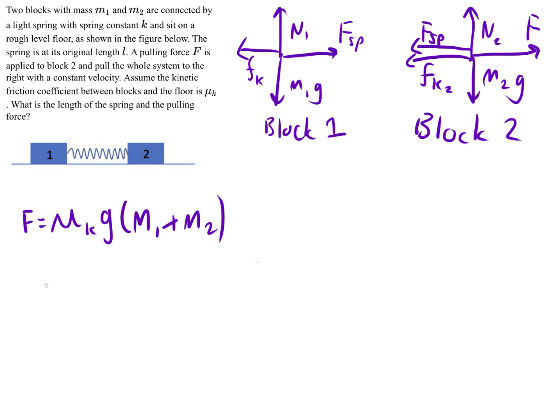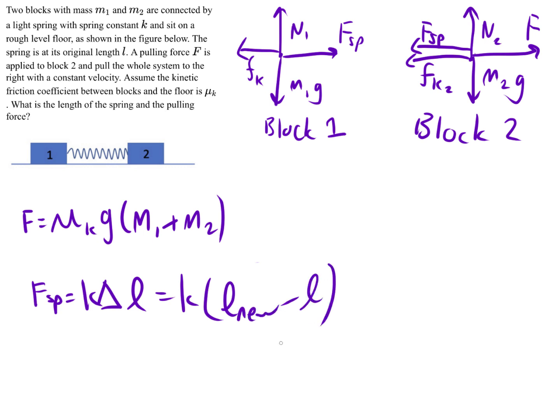So from that, in our case, the spring force is equal to the spring constant times the change in length of the spring, which is simply the spring constant times the new length minus the original length. And if you remember from earlier, we figured out that the spring force is also given by the force of kinetic friction of the first block.